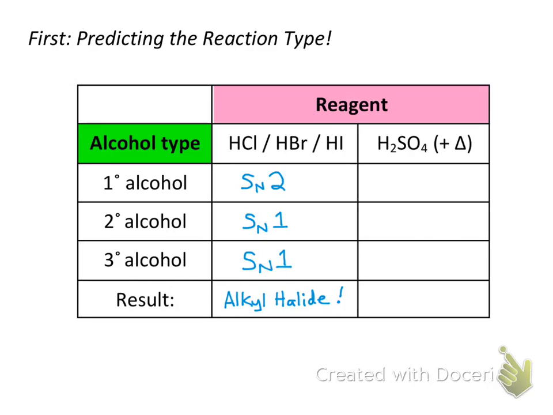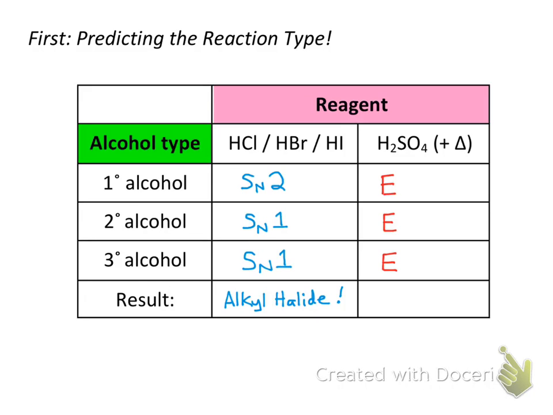Okay, well, what if our reagent is H2SO4, sulfuric acid, and heat? In this case, we would expect our alcohols to undergo an elimination reaction. So an E type of reaction, regardless of if it's primary, secondary, or tertiary. Once again, the same rules for dictating which number, 1 versus 2, apply.